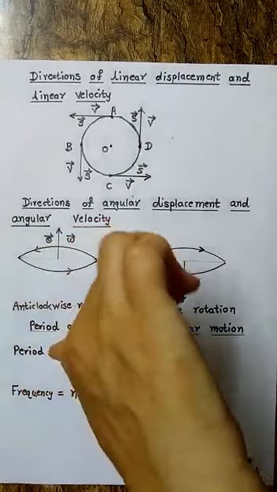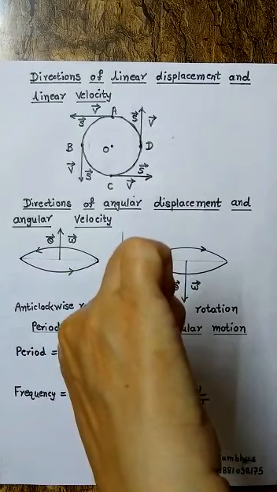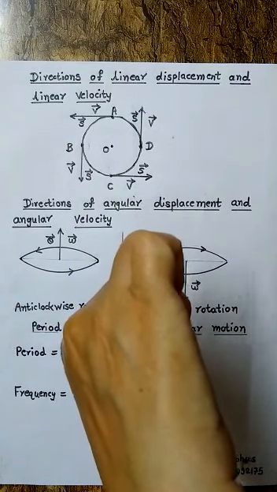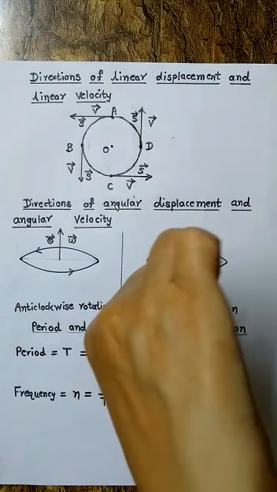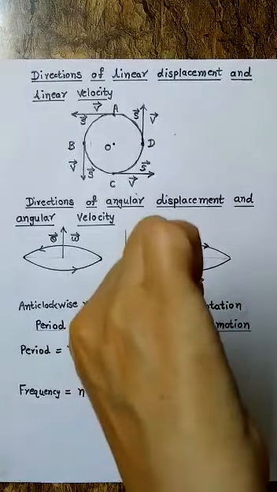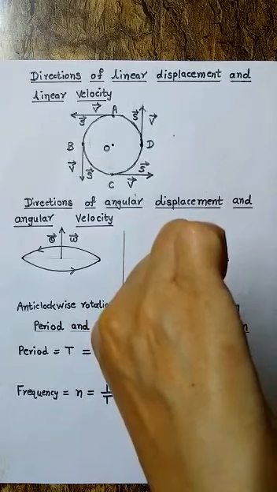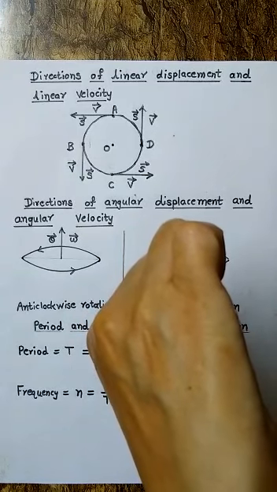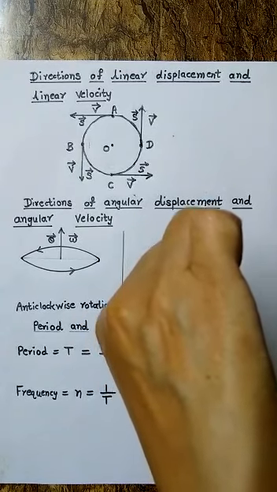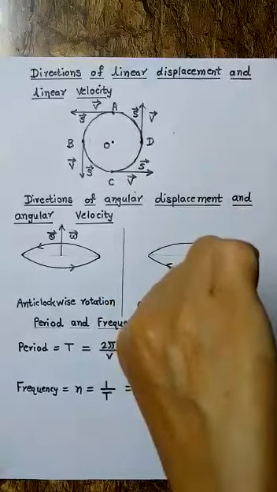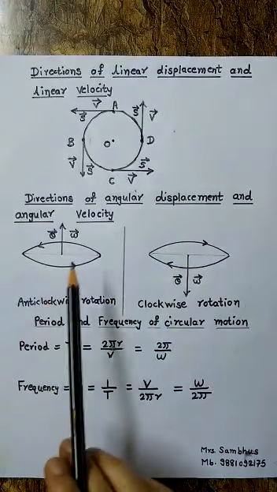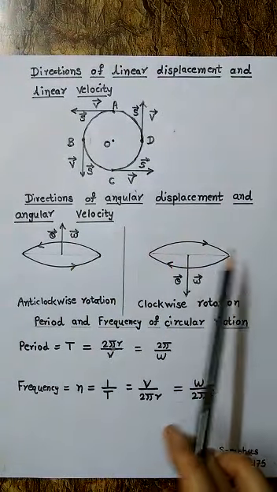Therefore the curled fingers are in clockwise direction and the thumb is acting vertically downward. Therefore the direction of theta and omega is along the axis of rotation but acting vertically downward. Now this is about the directions of angular displacement and angular velocity.